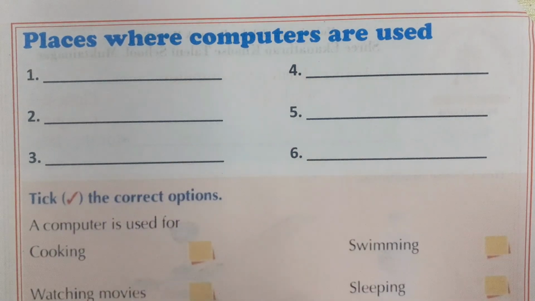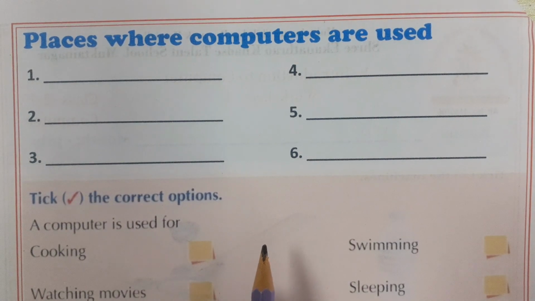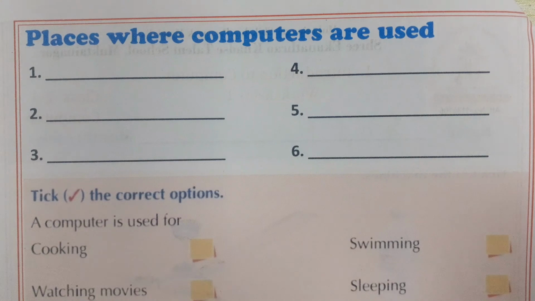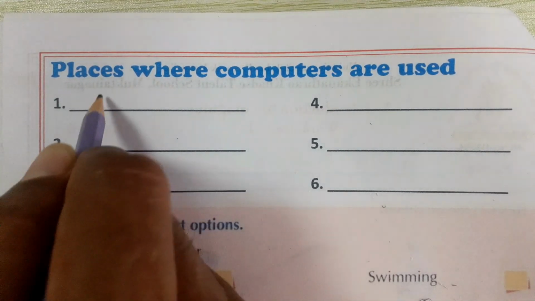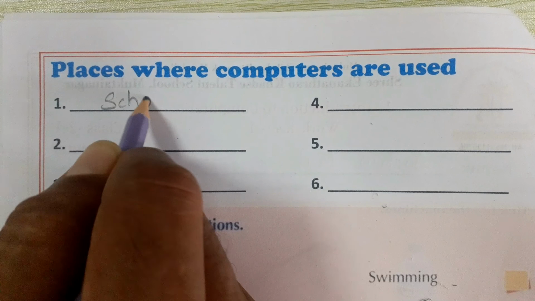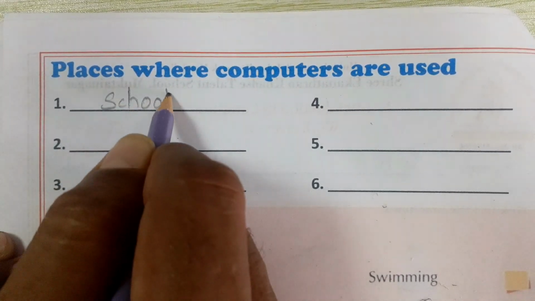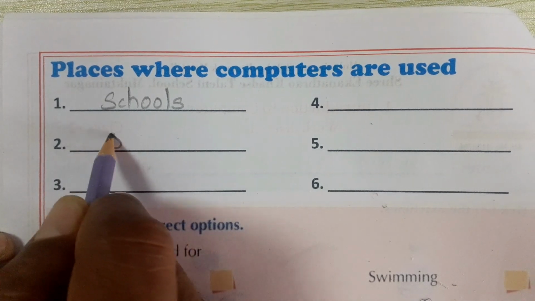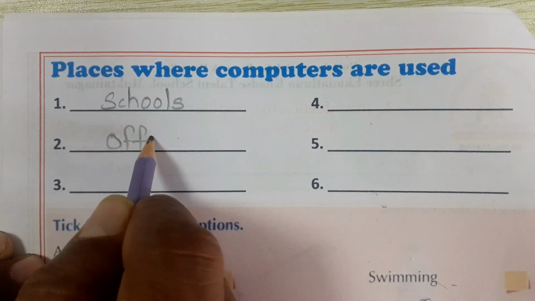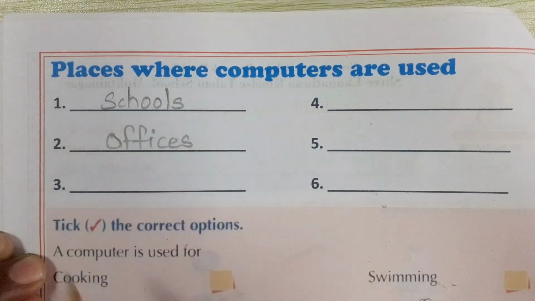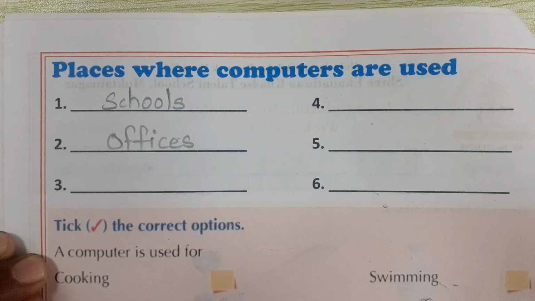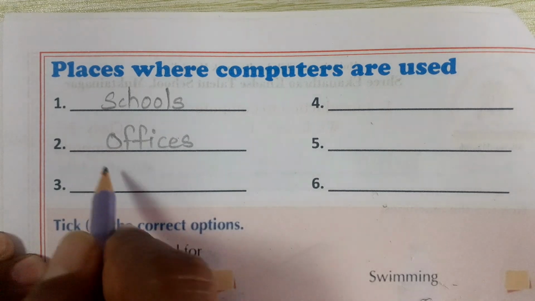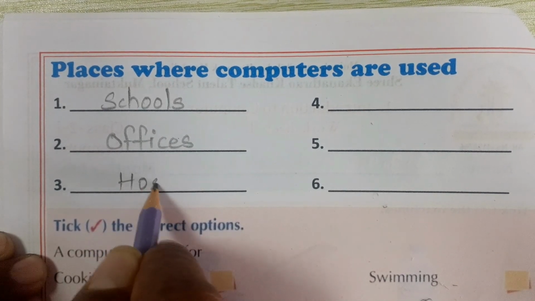So these names you write here. That is school. In the schools, computers are used. Again, offices. Where used? In the offices, the computers are used. In the hospitals.